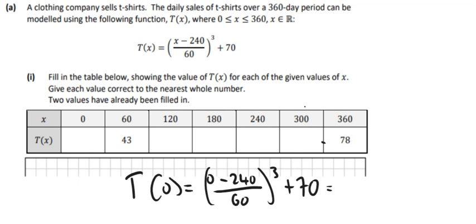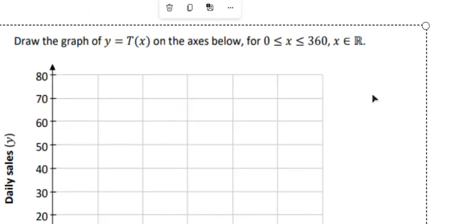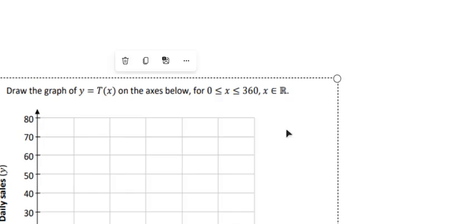When you do it, you should get 62, 69, 70, 70 again, and then 78. So you've got two of them filled in already. That's just subbing numbers into the function.